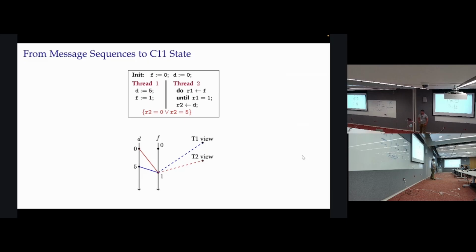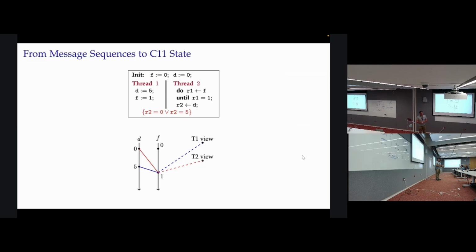So that's good. The bad thing is that we didn't propagate any other information here. We don't know anything about D. Thread 2's view for D is still way back here, so now this allows thread 2 to read both 0 and 5 for D.